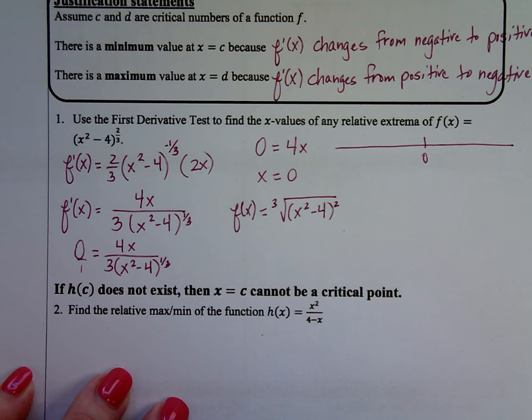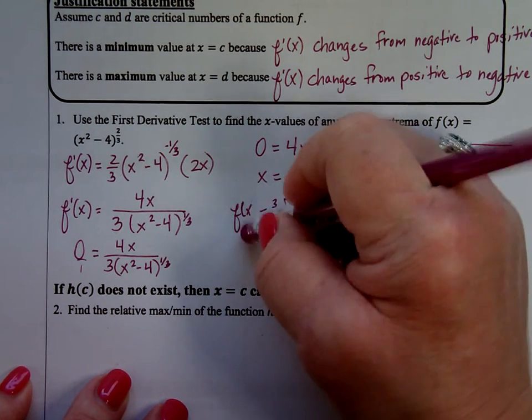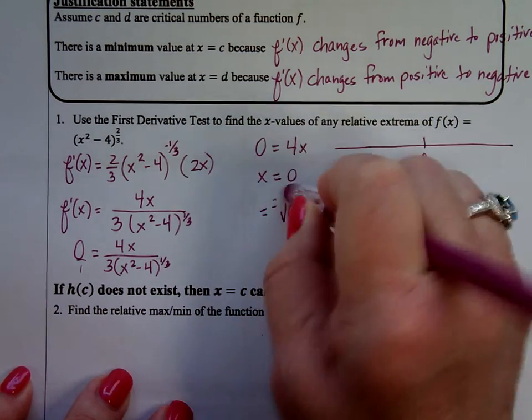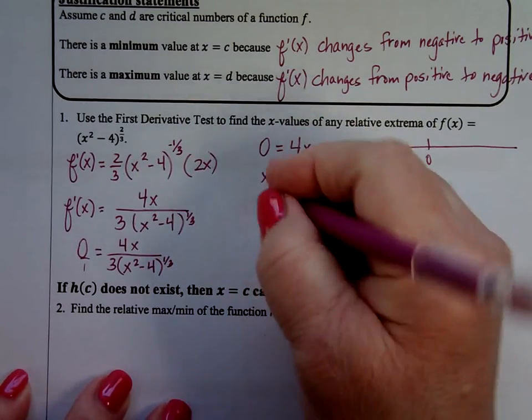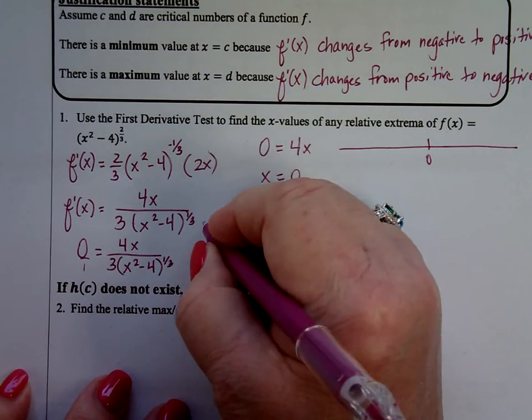Where is that going to become undefined? Oh wait, no, I'm sorry, my bad. It's when the first derivative is undefined. Let me fix that. I stumbled. All right, that's where I'm looking at this denominator.